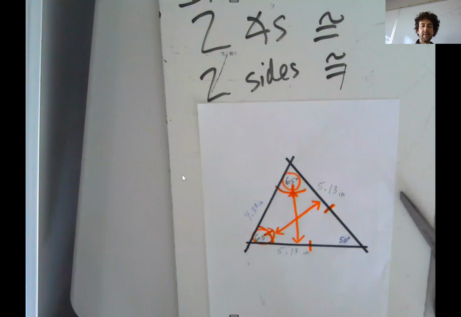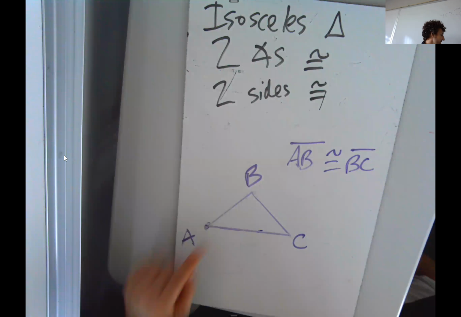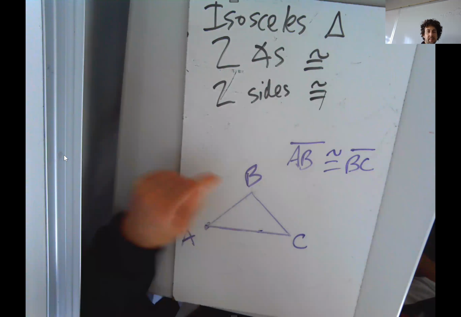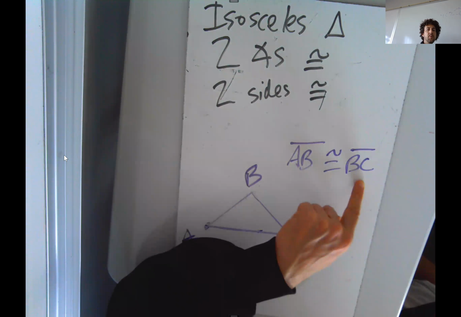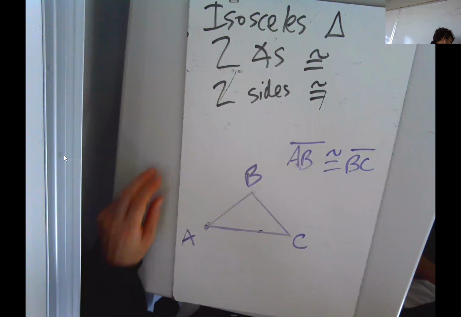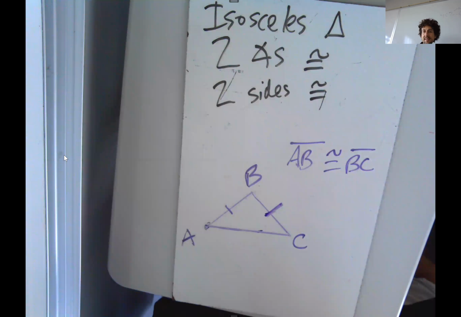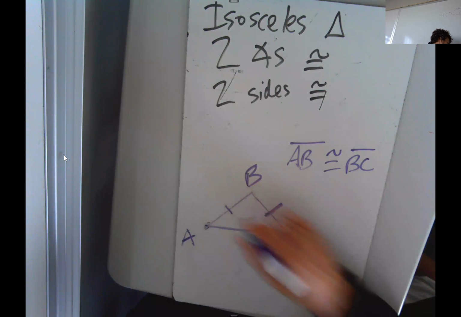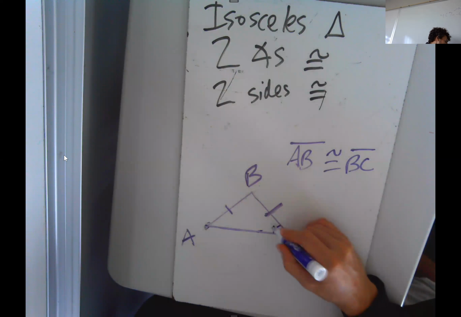We'll show one more example real quick. So suppose that they gave you triangle ABC and they told you that side AB is congruent to side BC. You would then mark side AB and side BC the same way to show that you know that those are the same length. Then from there, to figure out which angles are congruent to each other, you would go across from that side to the angle opposite.